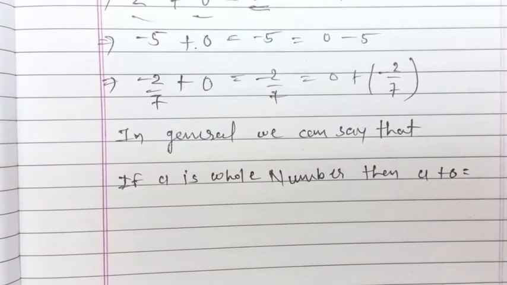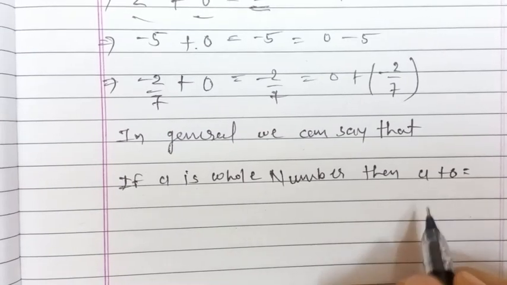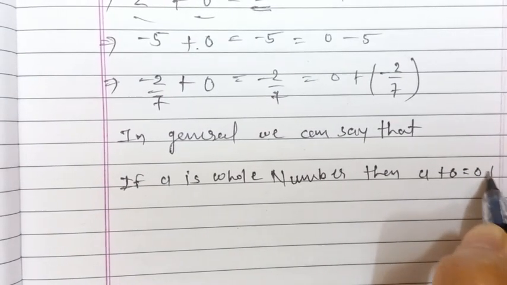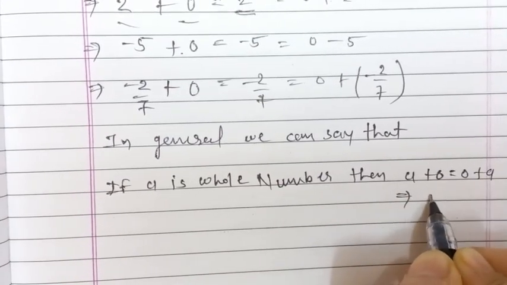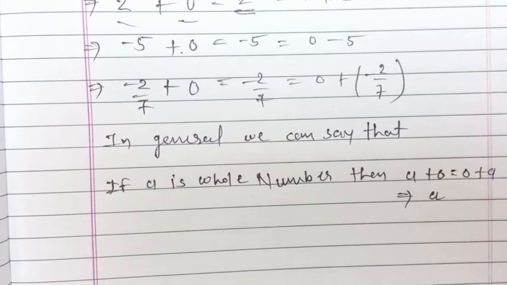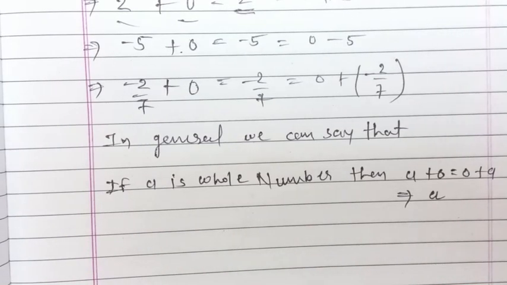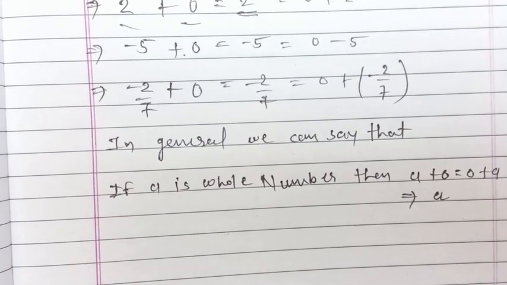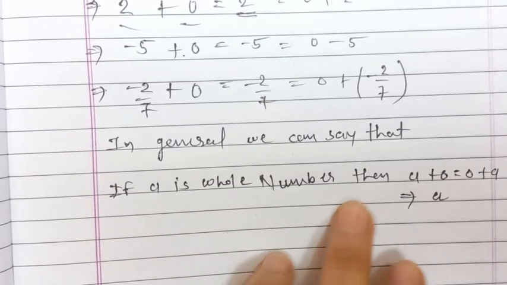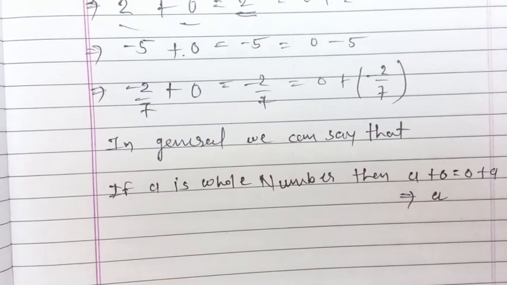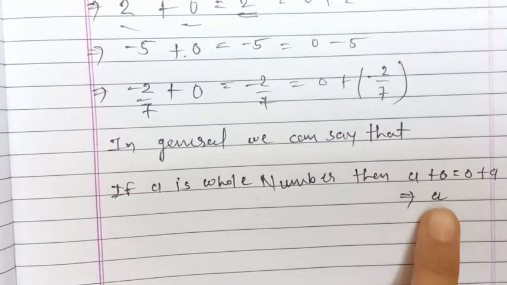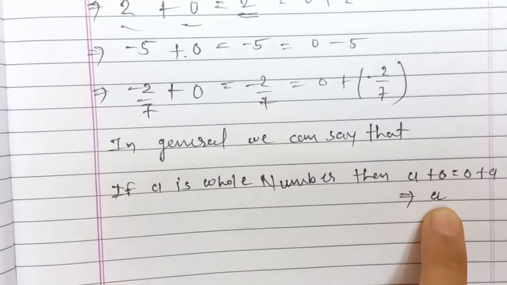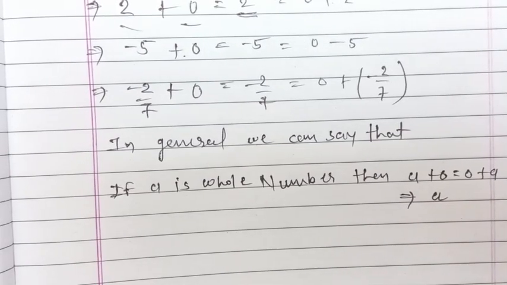The sum is not changed. A plus 0, or 0 plus A, is equal to A, where A is a whole number. So the sum is again a whole number, which is the one we have taken.